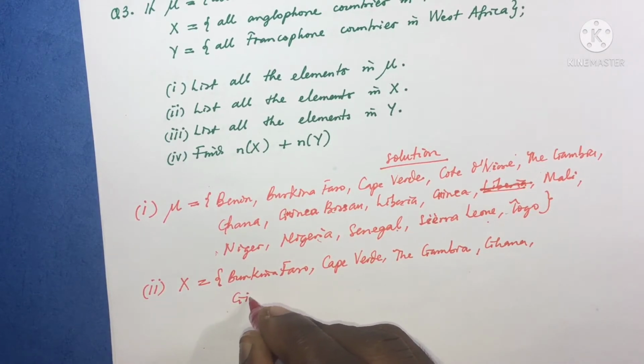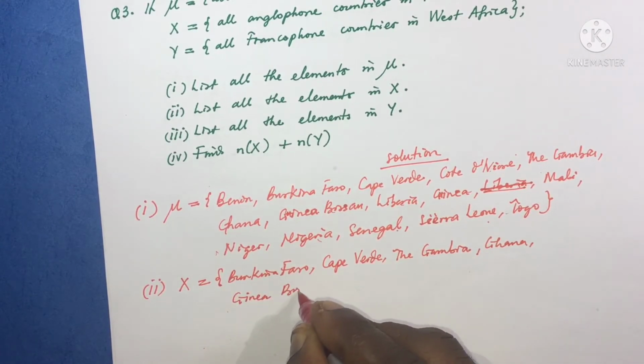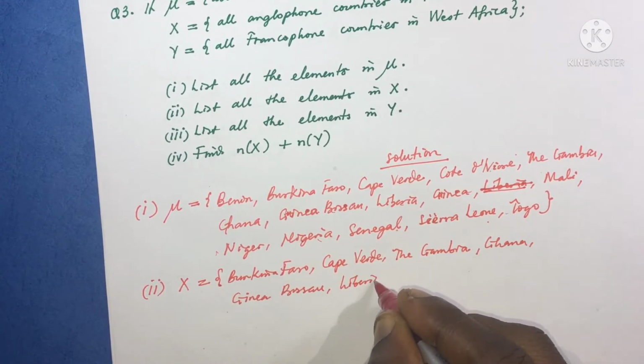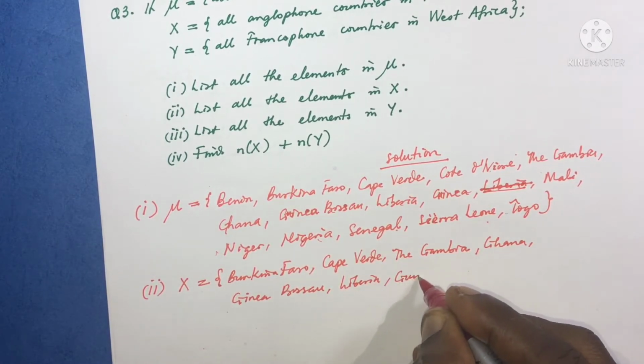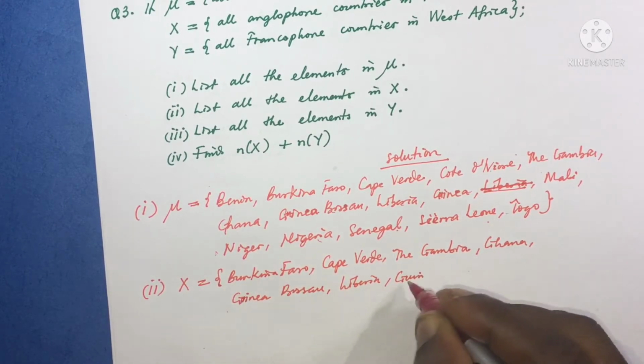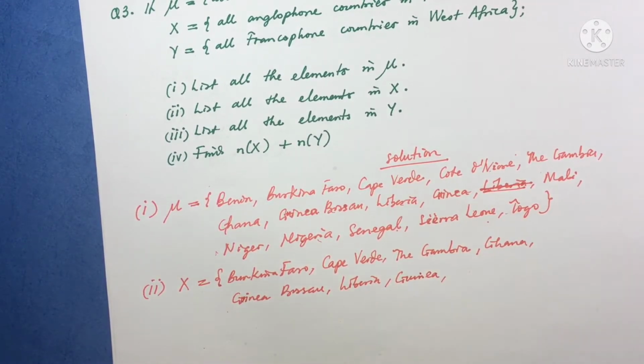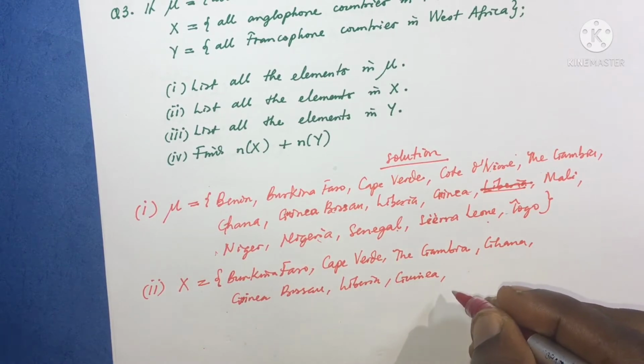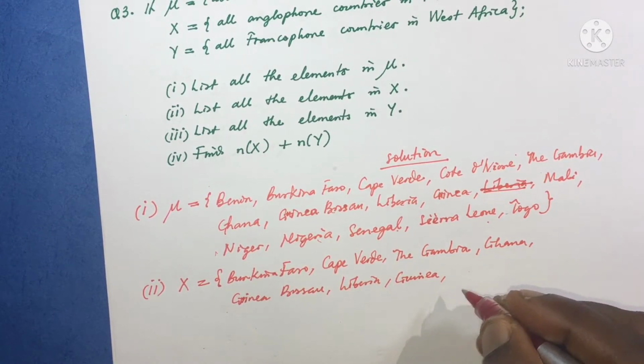Guinea-Bissau, Liberia, I'm going to put Guinea. Mali is Francophone. Niger, do they speak French or English? Okay, let's see.